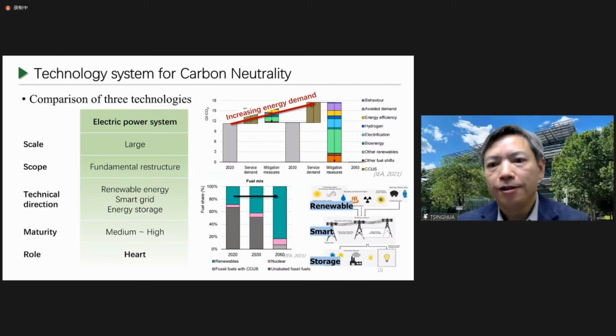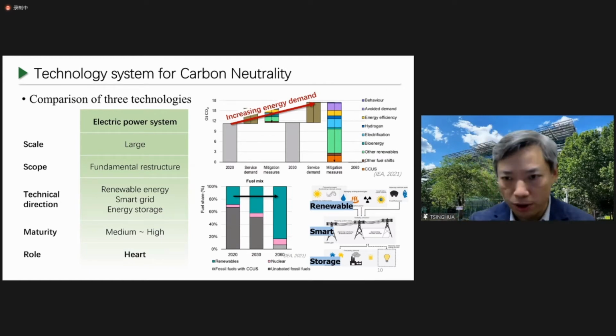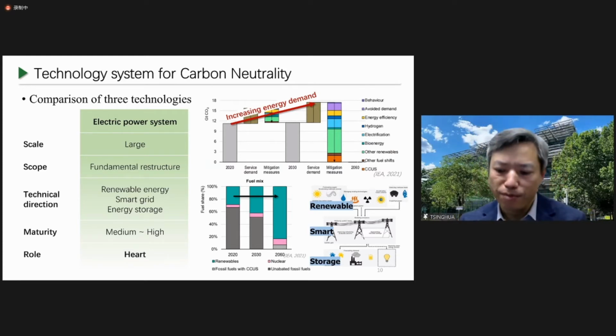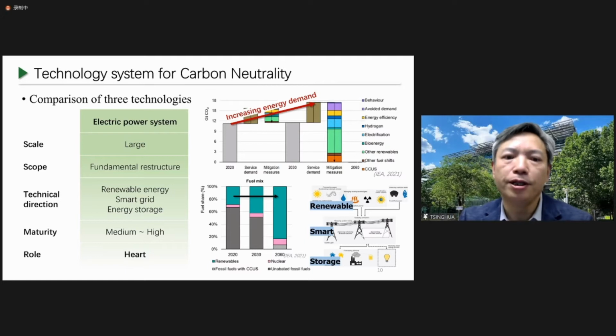But for some others, like battery, despite battery being highly mature, for the long duration and long-term energy storage, they are still at the early stages of deployment, and further development will be needed, and more innovation will be expected.